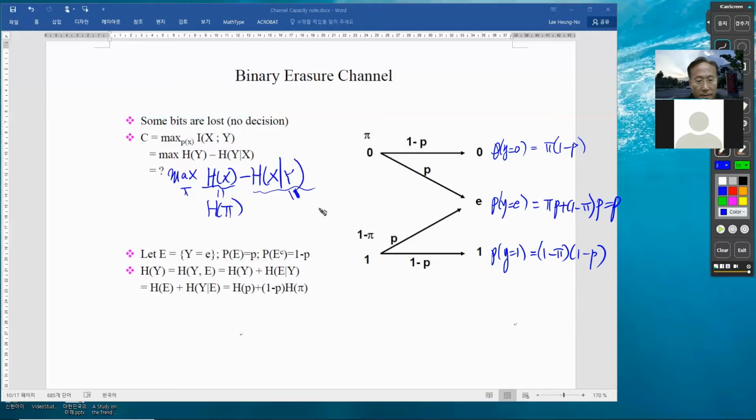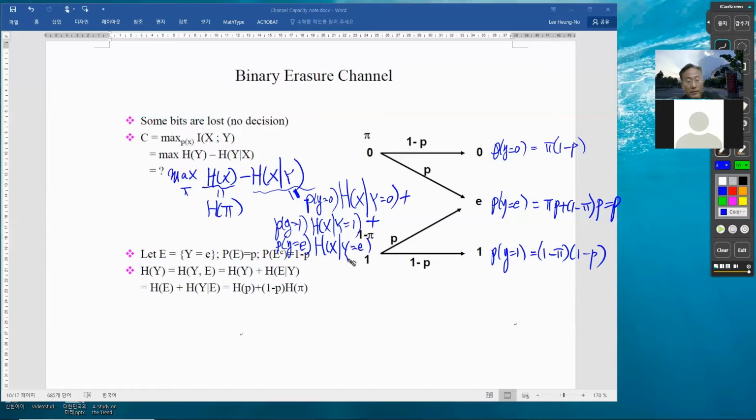One more time. Okay. So this one has 3 cases. The first case is P(Y=0) times the entropy of X given Y equals 0, plus P(Y=1) times the entropy of X given Y equals 1, and P(Y=erasure) times the entropy of X given Y equals erasure.